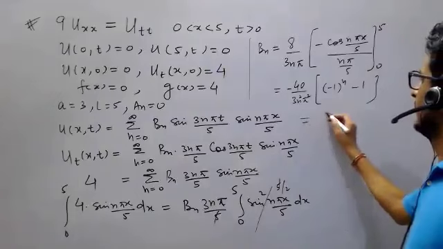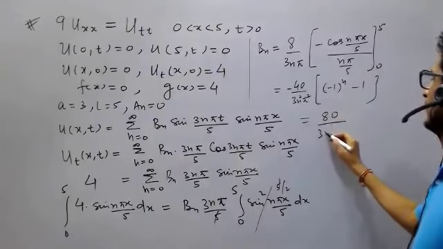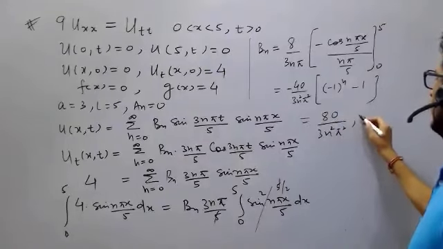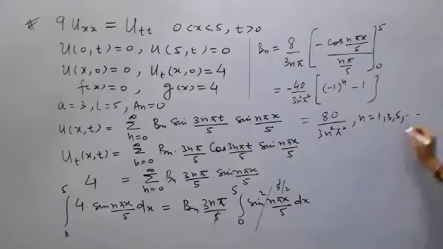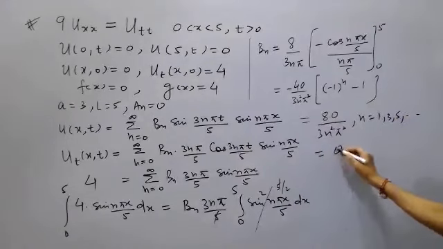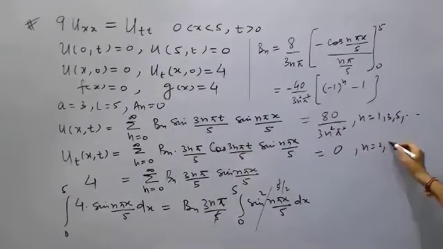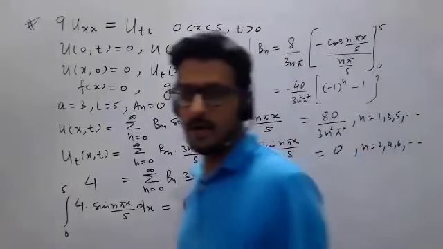So it will become 80 by 3 n squared pi squared for n equal to 1, 3, 5, and so on, and 0 for n equal to 2, 4, 6, and so on. This is the value of b_n.